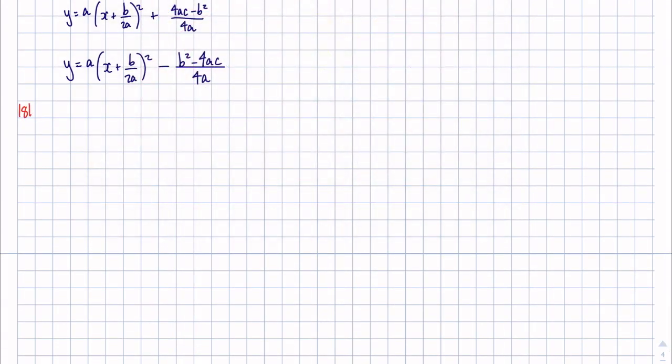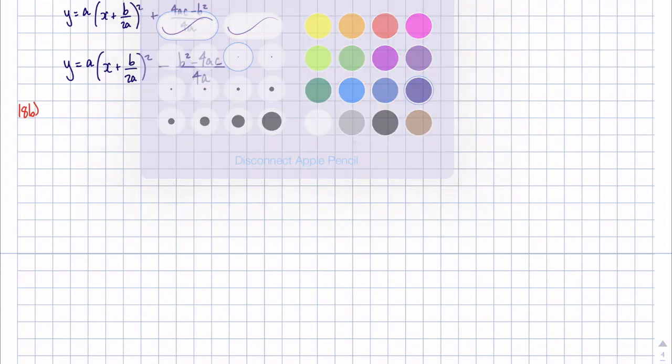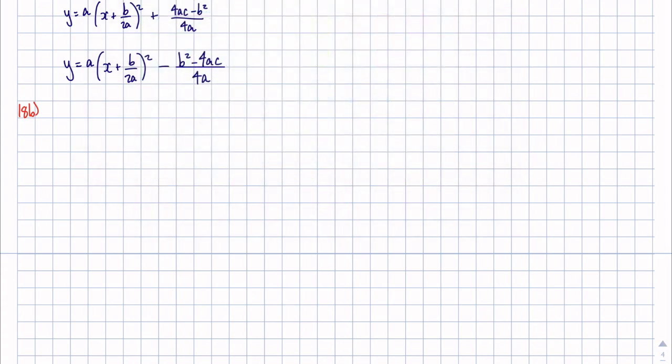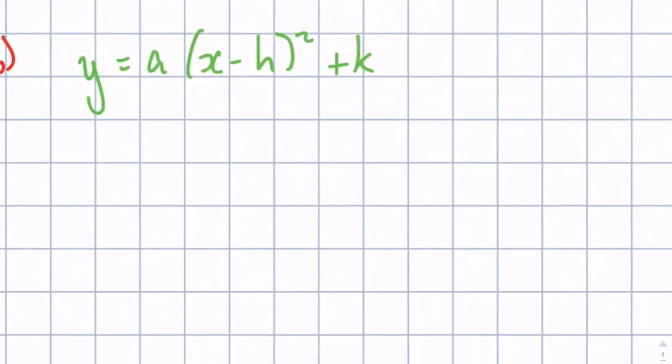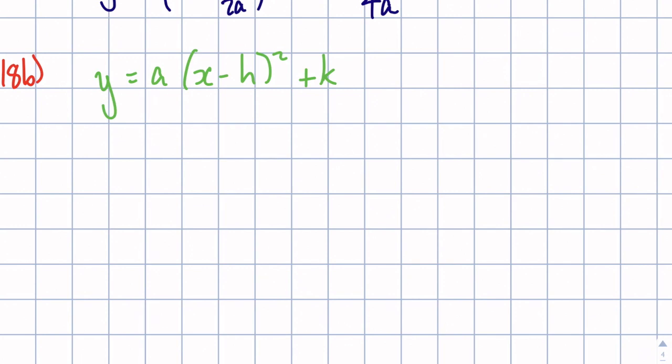Okay, so 18b, which means this is in the same form as y equals a x take h squared plus k. But here the vertex is at h comma k.